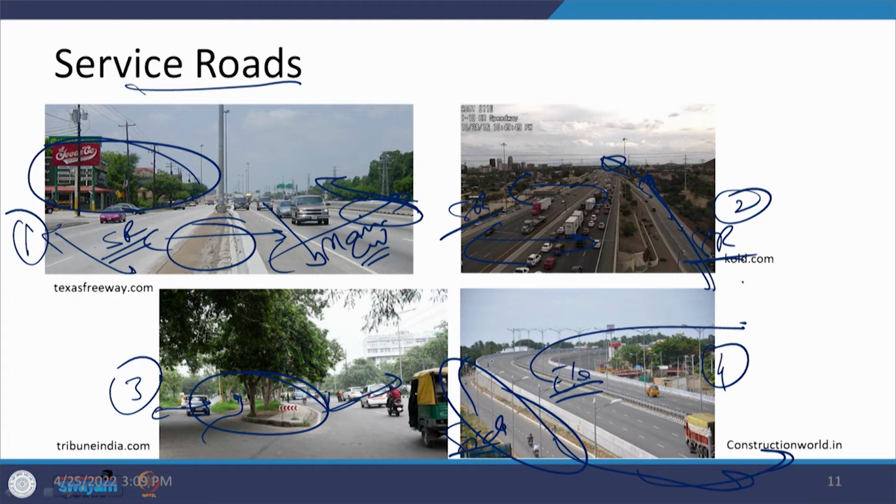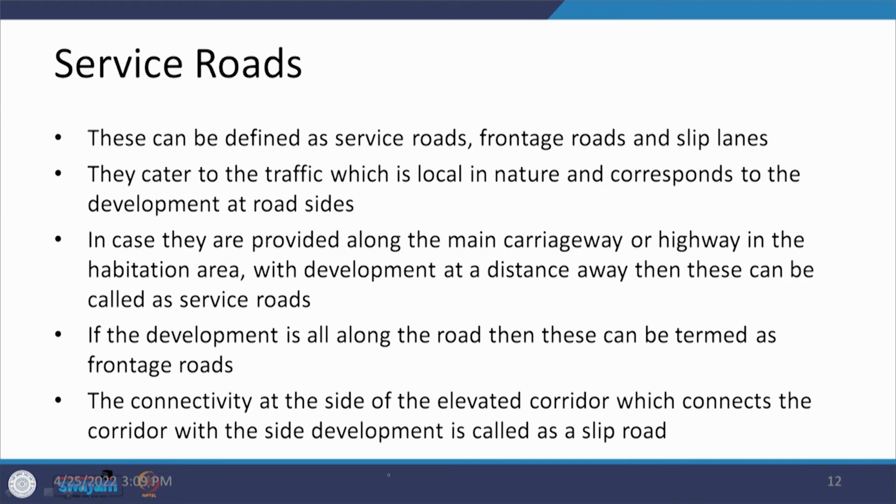So, when we have these different things happening, how can we classify or define these roads? Maybe they are all the same, or they can be defined in different manners. One way of doing that is to say that they are simply a service road, or they can be defined as a frontage road, or as a slip lane.